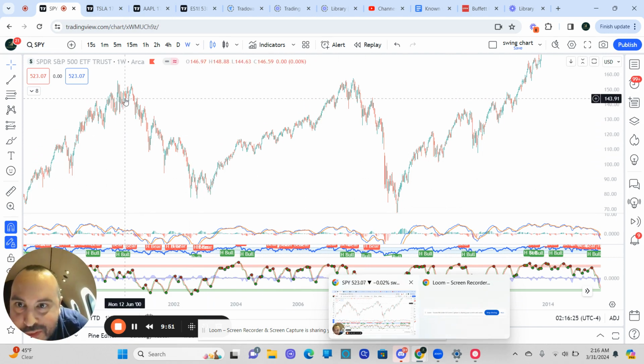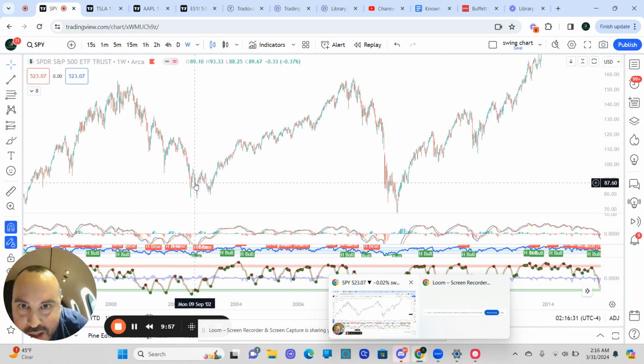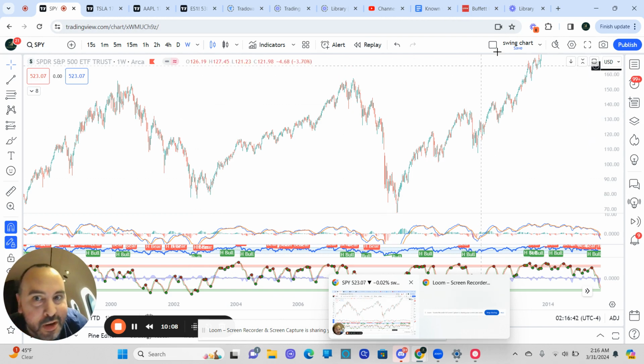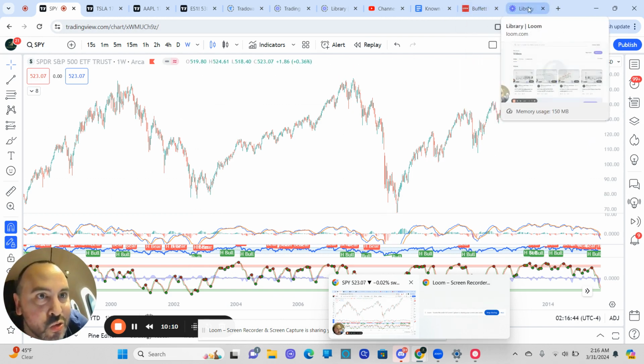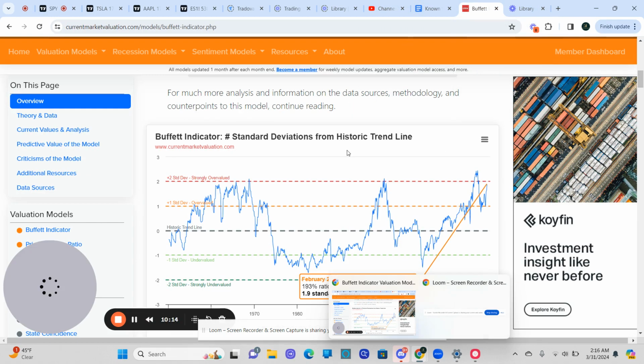So we confirmed, yes, we had this crazy drop after the dot-com bubble. And then we should have, according to this, if this indicator is accurate, somewhere around 2002, 2003, let's see what the indicator says.